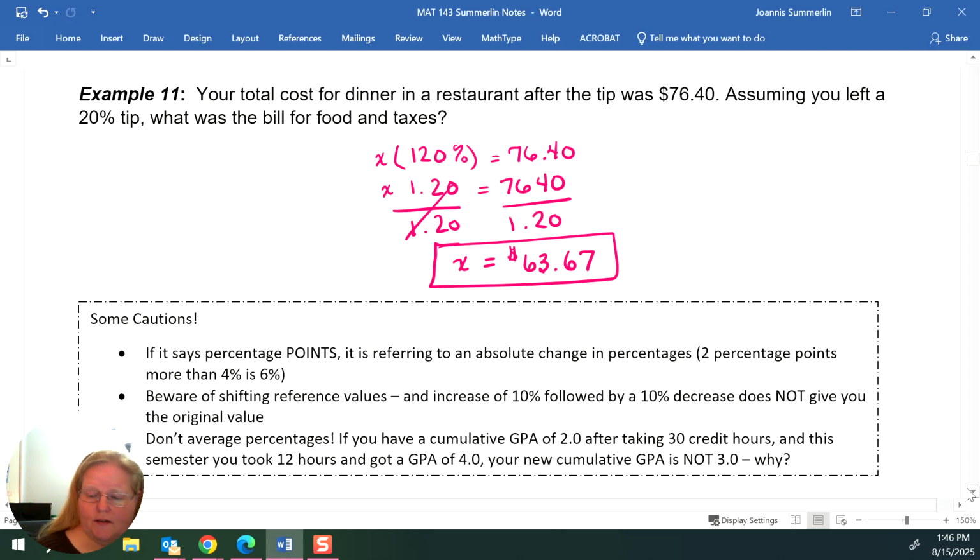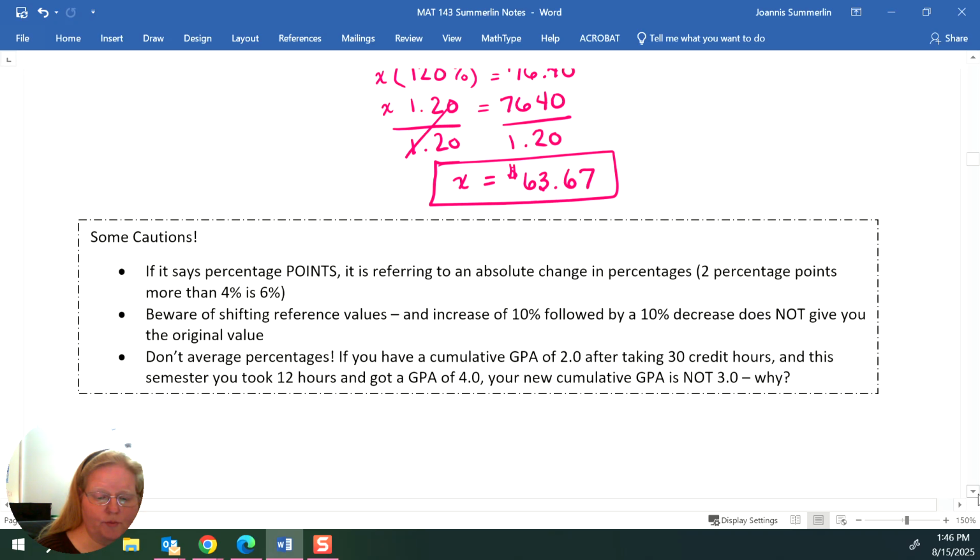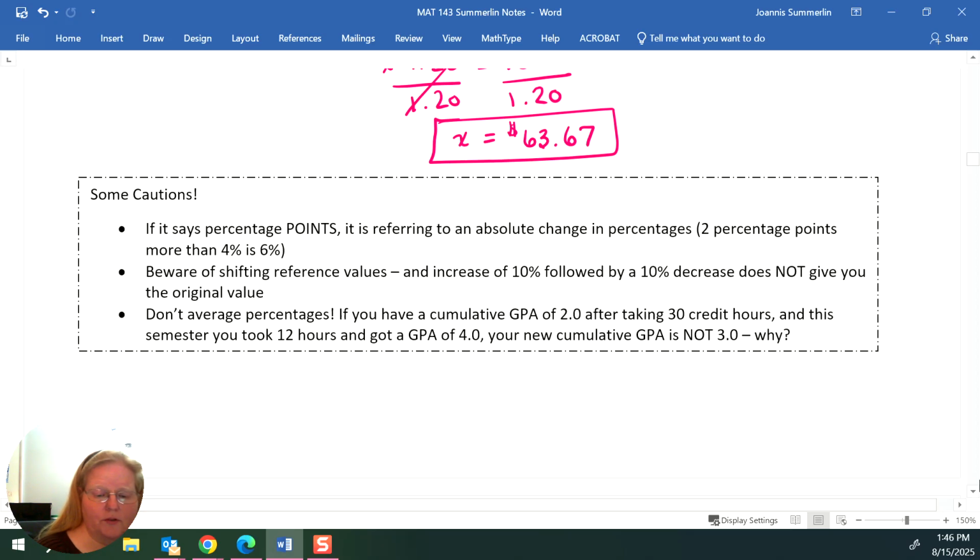If it says percentage points, it is referring to an absolute change in percentages. 2 percentage points more than 4% is 6%. So the whole percentage moves up. Beware of shifting reference values. An increase of 10% followed by a decrease of 10% does not give you the original value.